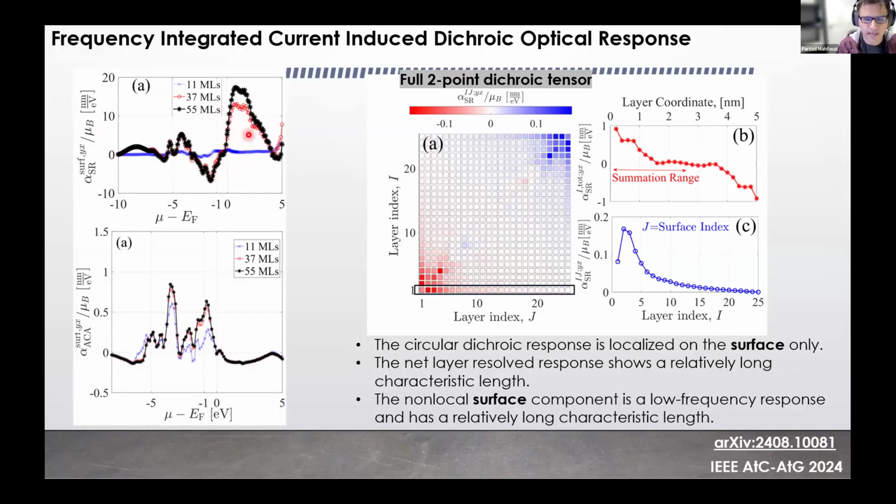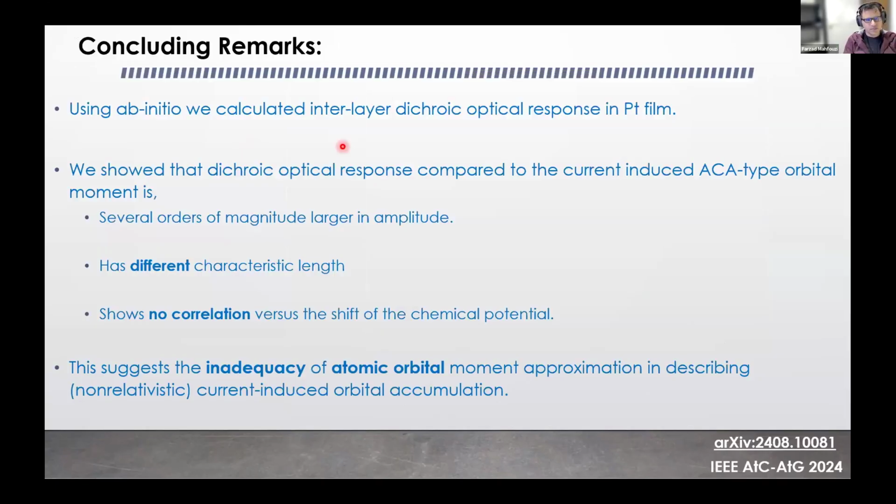And so here is the summary of this work. We use ab initio calculations to calculate interlayer dichroic optical response in platinum film, and we showed that the dichroic optical response compared to the current-induced atomic type orbital moment is several orders of magnitude larger in amplitude, has different characteristic length, and it shows no correlation versus shift of chemical potential.